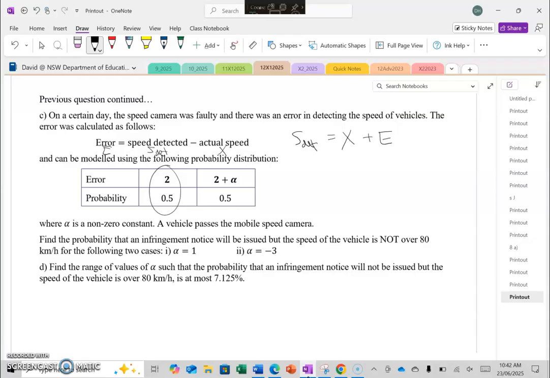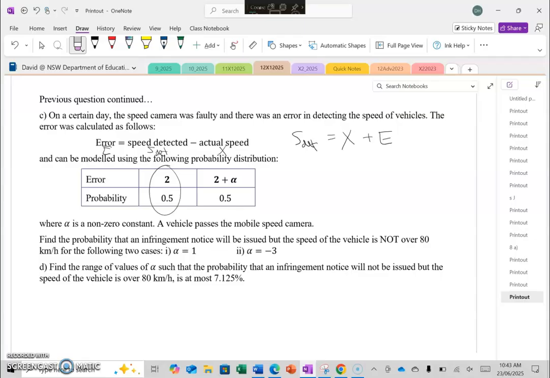If your actual speed was 78 and the error is 2, the speed that the camera detects is 80. So the error is how much you're adding on to the actual speed to get the speed detected. So basically this thing's faulty. It's going to pick people going above 80, but they're not actually going above 80.